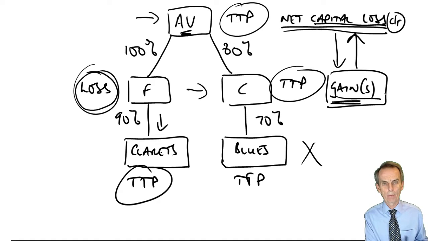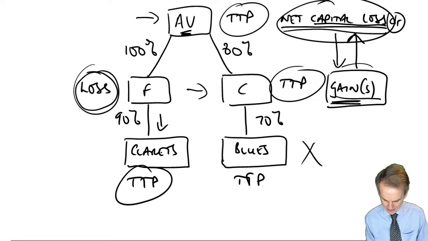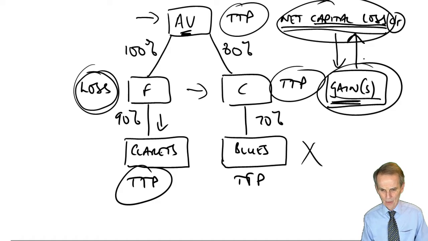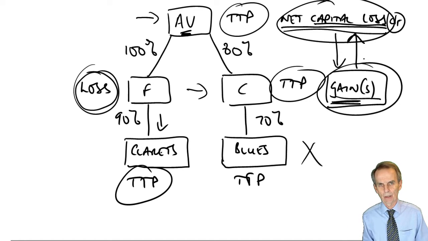And clearly what I've demonstrated there, I hope to you, is the reason why you would take advantage of that particular election, where you have for the accounting period, the current period in question, a net capital loss in one company, net gains in another. We do not want to be paying tax on all those gains now and simply have to carry forward the loss to hopefully get some use of it in the future.